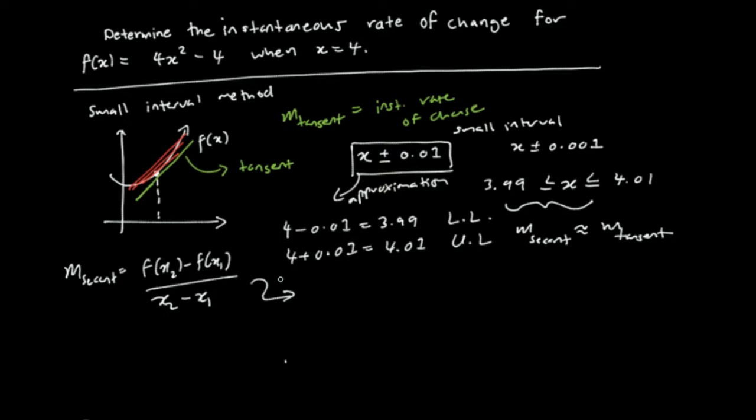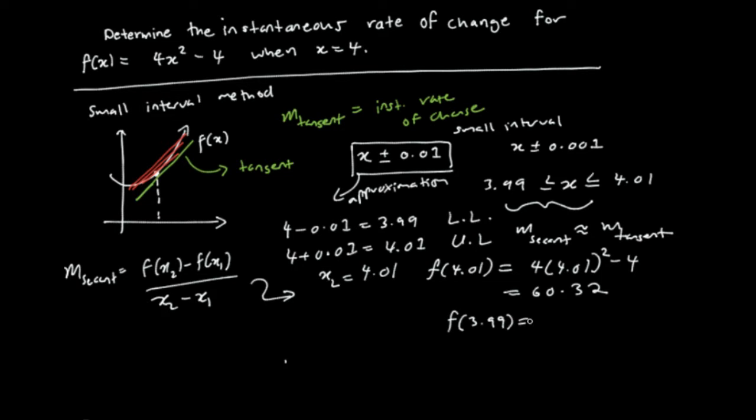Let's say x2 is the upper limit, 4.01. So f of 4.01 is 4 times 4.01 squared minus 4. Calculating that out, I get 60.32. Then f of 3.99 is 4 times 3.99 squared minus 4, and if I punch that out, I get 59.68.